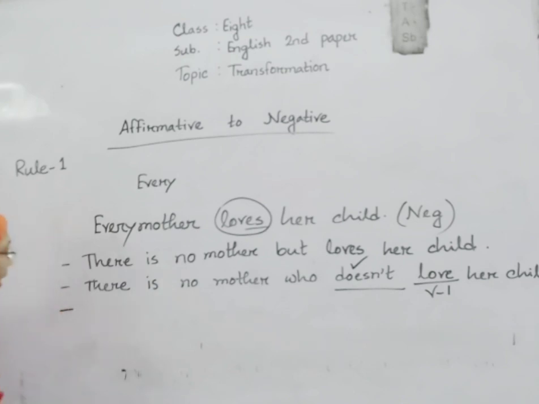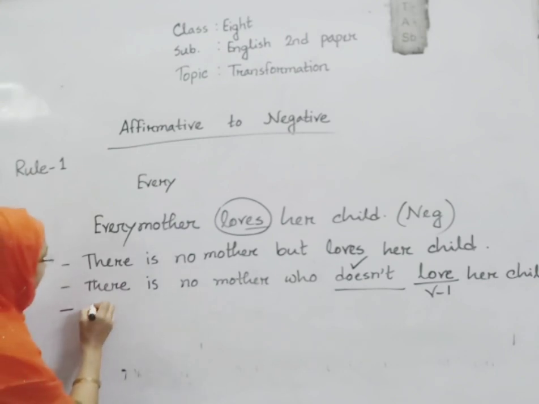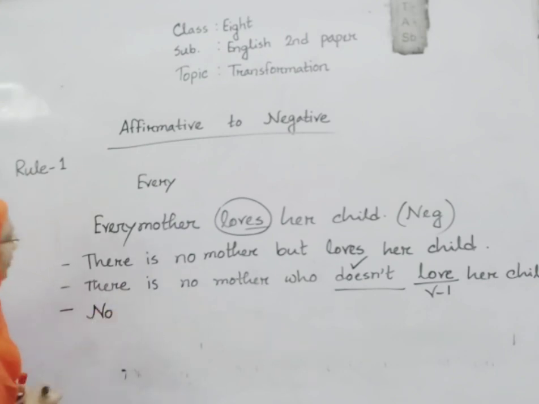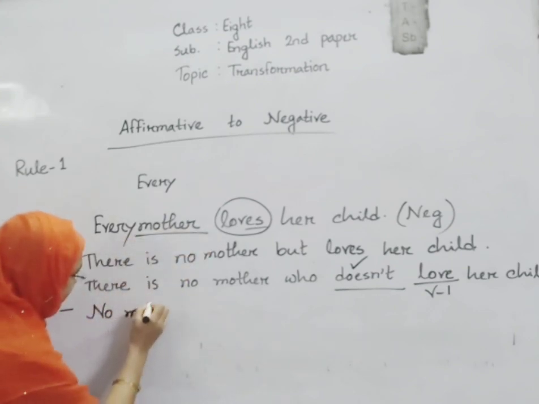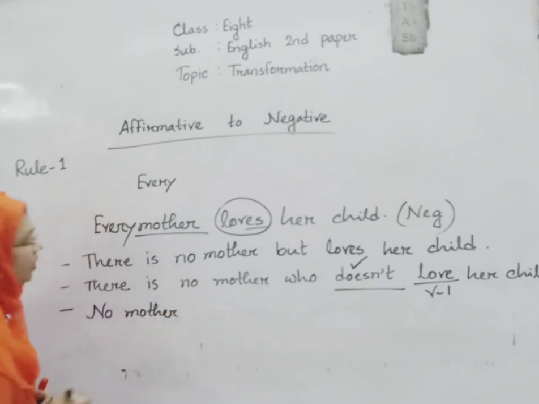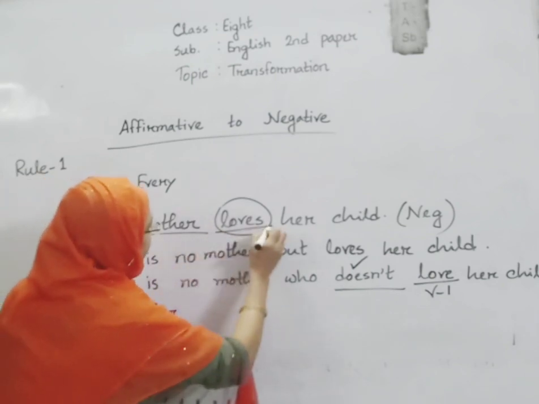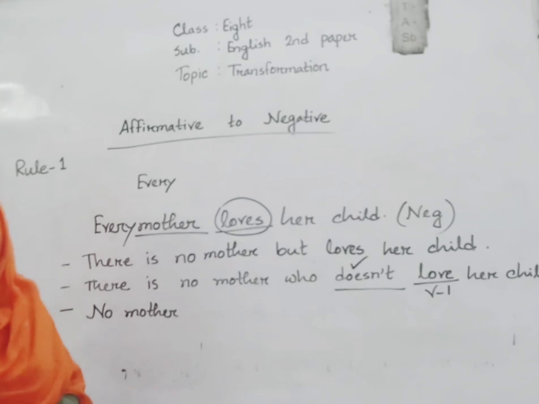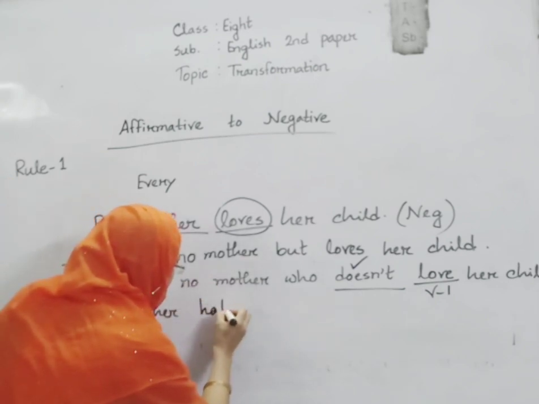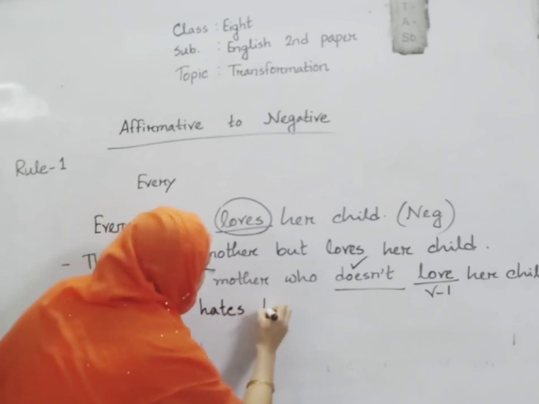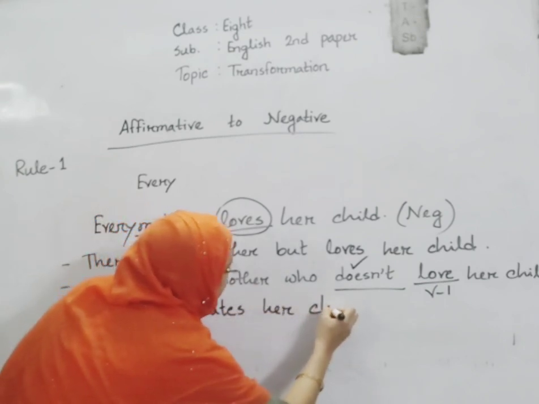And another answer with rule number 3. For every, we have to write down no, then mother. And here is verb, that is loves. So we have to write down the opposite form of this verb. Hates her child.